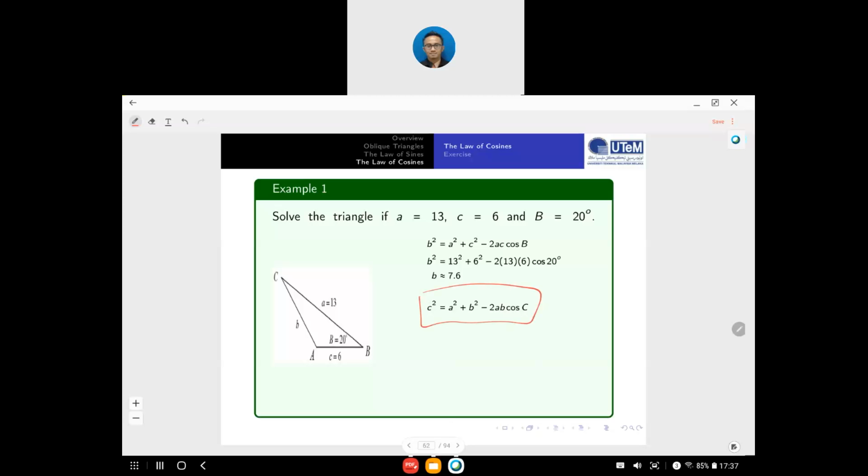So you just substitute in the formula: 6 squared equals 13 squared plus 7.6 squared minus 2 times 13 times 7.6 times cos C. So we can get cos C here.